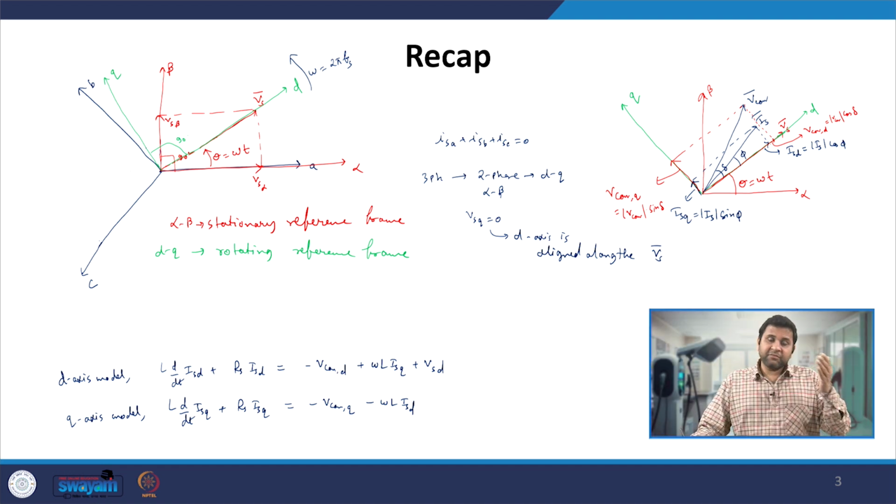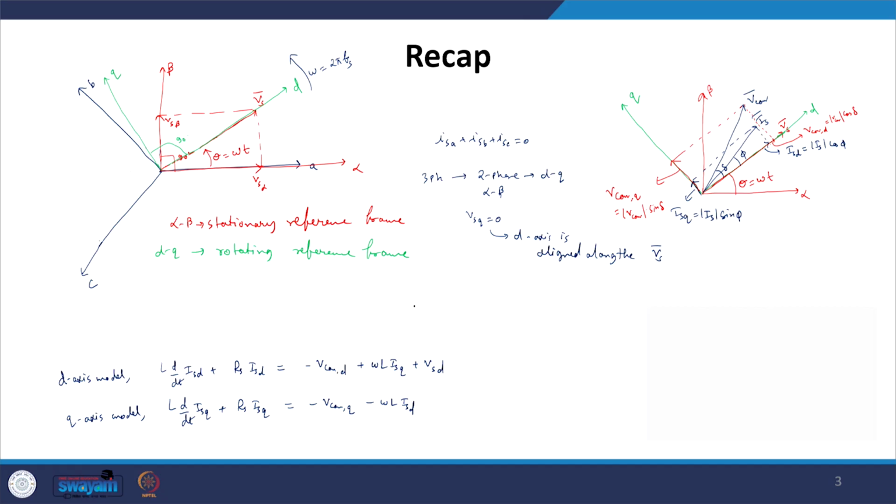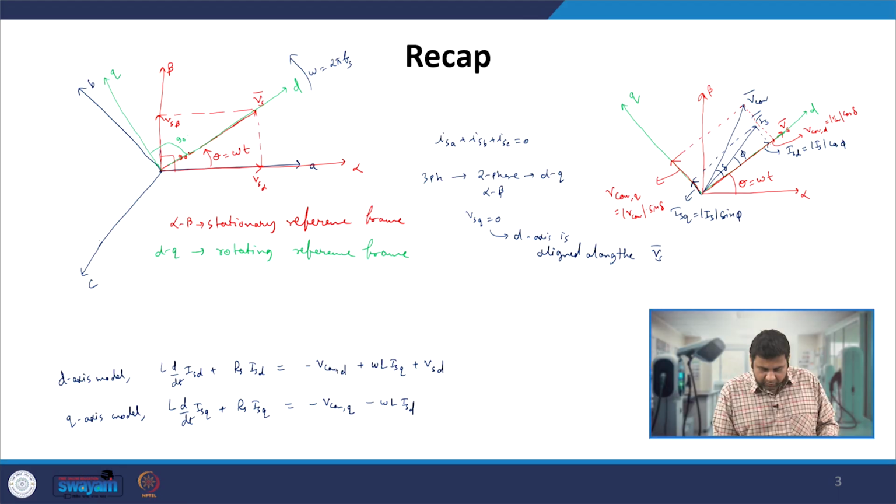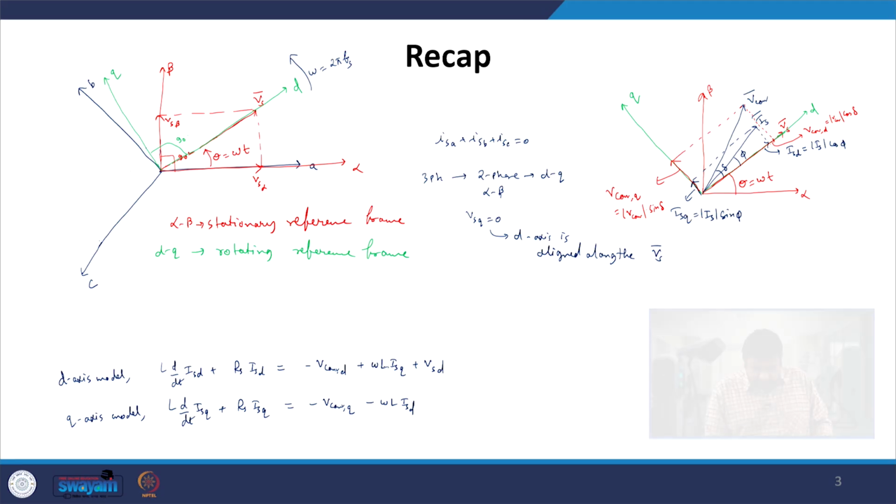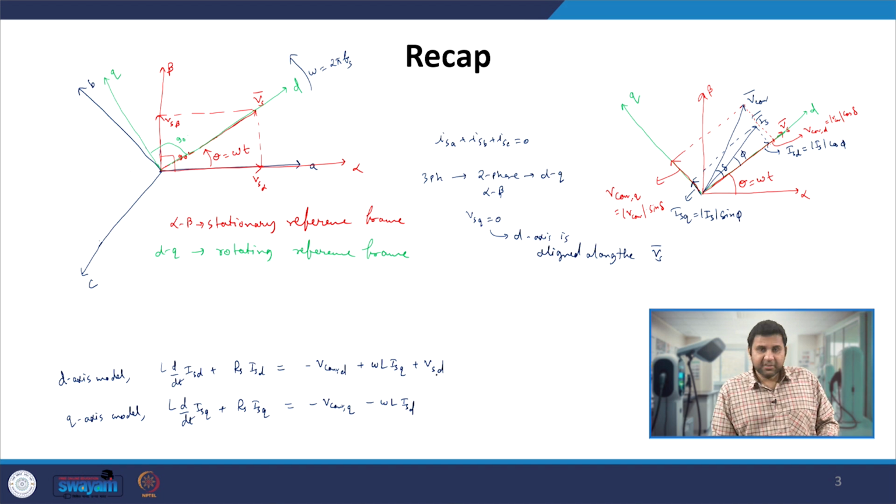And so, when we have derived this D axis model and Q axis model, we get this expression, which is L di/dt ISD plus RS ISD. RS is nothing but the internal resistance of the inductor, and that is equal to minus the D component of the V converter voltage and the Q component of the V converter voltage, plus we have two terms coming in the D axis model, which are VSD and omega L ISQ.